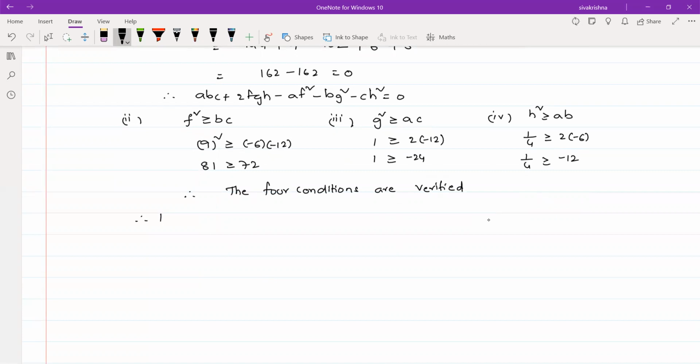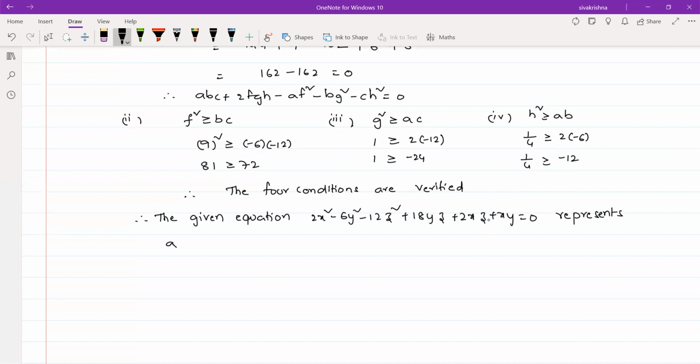Therefore, the given equation, that is 2x square minus 6y square minus 12z square plus 18yz plus 2xz plus xy is equal to 0, represents a pair of planes.